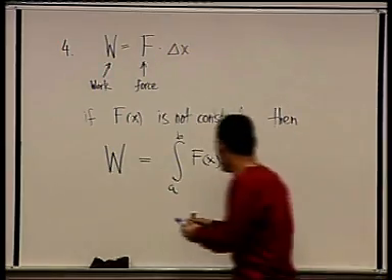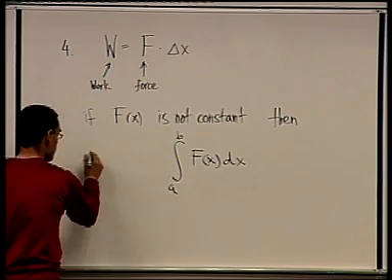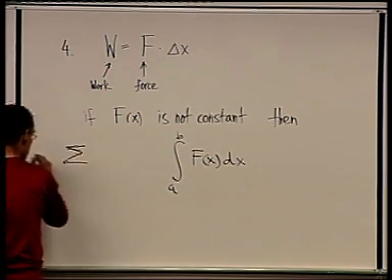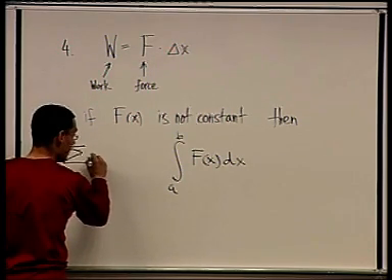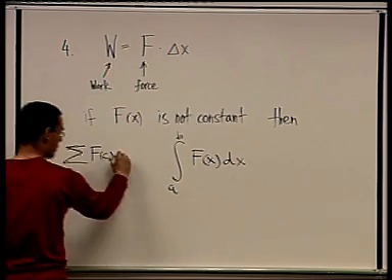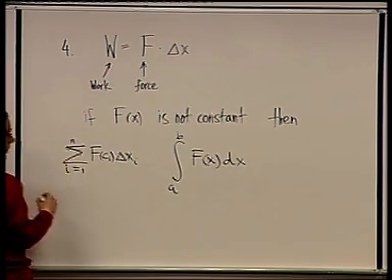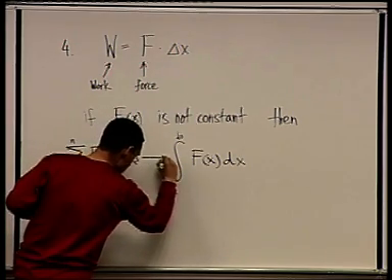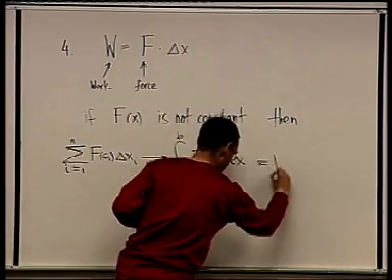Do you get that feeling from here? I mean, what was this thing? We took the sum, so W, the sum of f evaluated at some little points times these little intervals. That was the approximation, and this converges as n goes to infinity to the integral, which is the actual work.